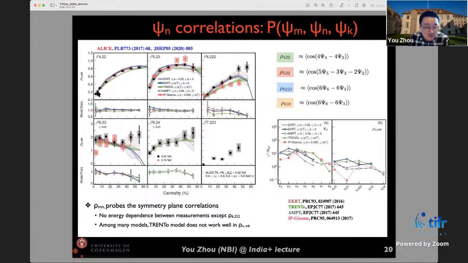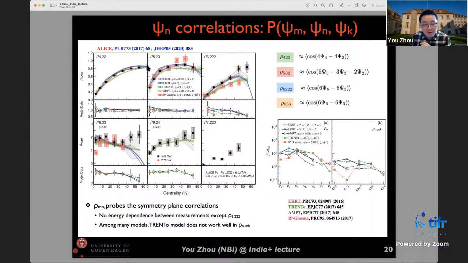We can see, for example, in the top left, the results increase as a function of centrality. What does it mean? It means in central collision, there's almost no geometry. Therefore, there's no strong correlation between ψ2 and ψ4. They are randomly distributed, therefore no strong correlation.